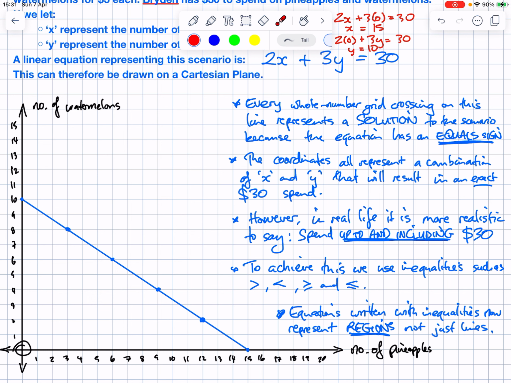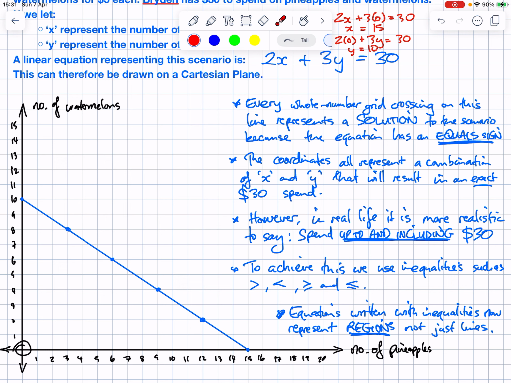That adds up to 30 again. 9 pineapples, 4 watermelons: 9 times 2, 18, 4 times 3, 12. That also adds up to 30. I think you get the picture, okay? All of these crossings on the grid lines represent a solution that spends exactly $30.